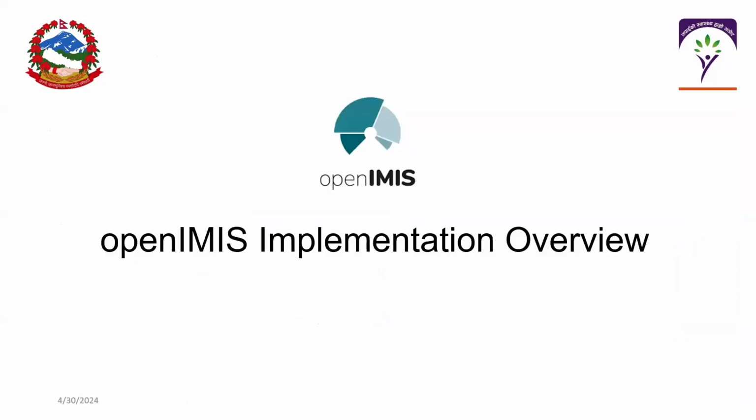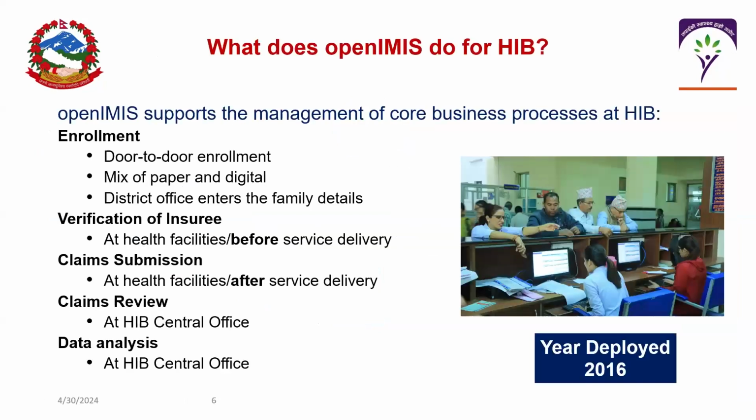The OpenIMS implementation overview in the Health Insurance Board is that OpenIMS is used in different areas. OpenIMS supports the management of core business processes at the board, including the enrollment process, with an Android-based app for enrollment. Enrollment assistants can go door to door and bring households into the scheme.